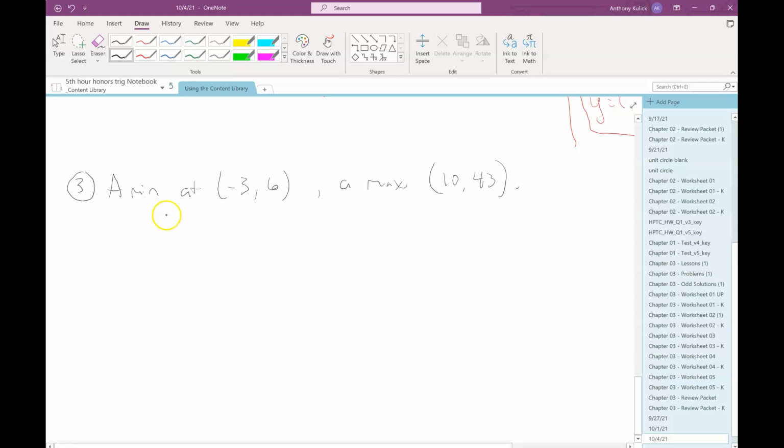Well, I would start by sketching myself a little bit of a picture. So let's see, -3, 6 is maybe over here, and 10, 43 is maybe over there.